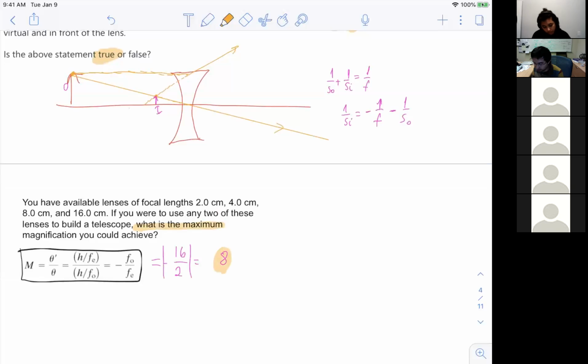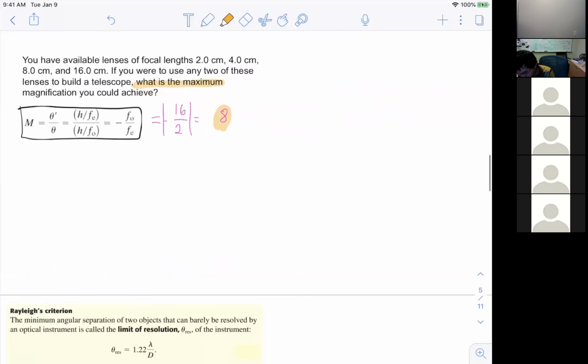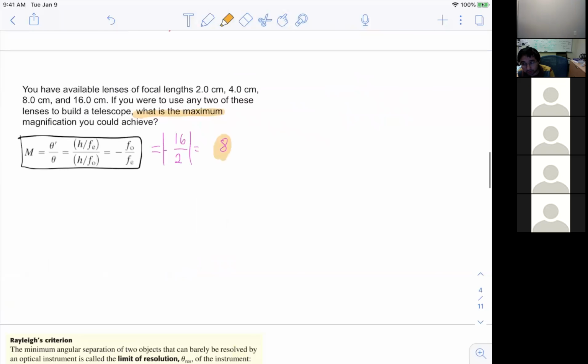The minus sign just means that it's inverted. So the maximum magnification is going to be 8. It's proportional to the ratio of F objective and the eyepiece. Okay, so that's all for chapters 25 and 26.